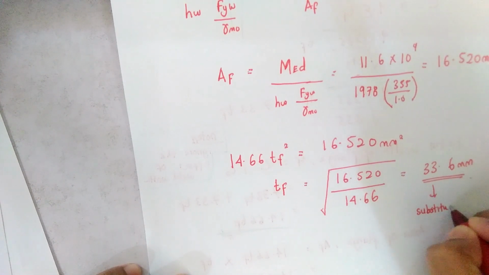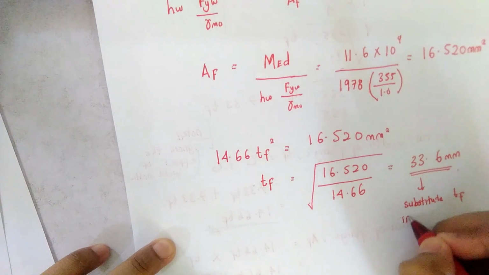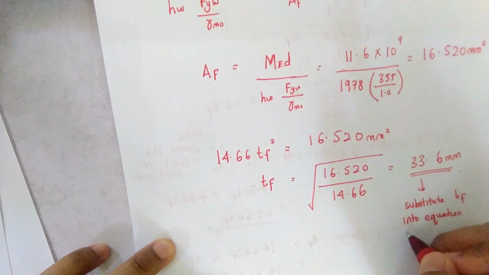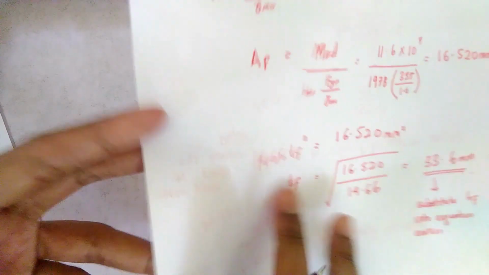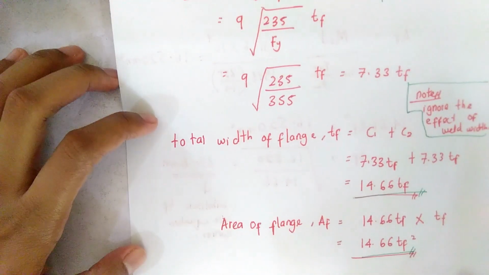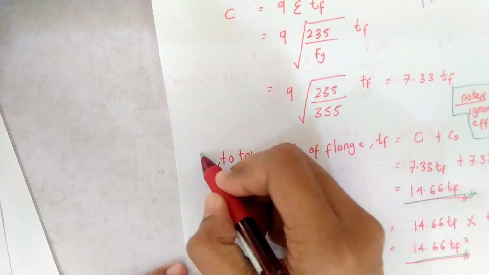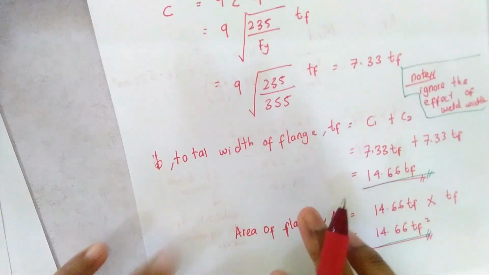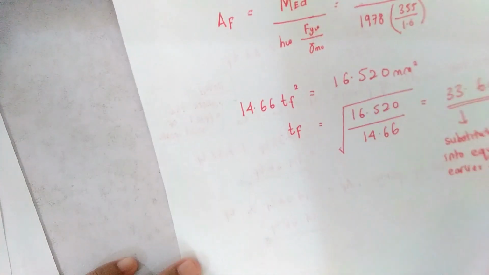Substitute t_f into the equation earlier, whereby the total width of flange, which is your b, is 14.66 t_f.